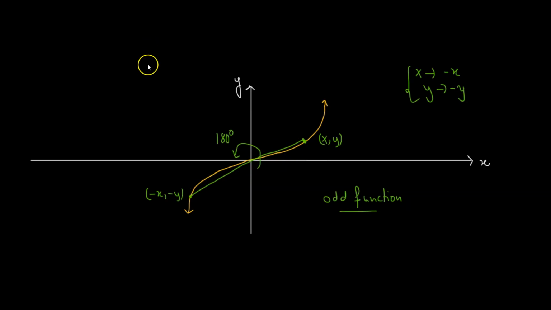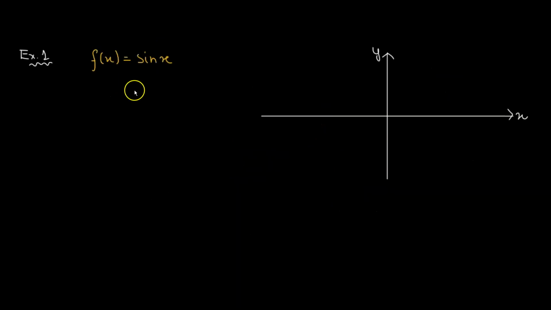Now let's do a few problems that will help us classify between odd functions and even functions. Here we are given the function f of x equals sine of x. We have to check whether this function is odd, even, or neither. The best way is to replace x with negative x.